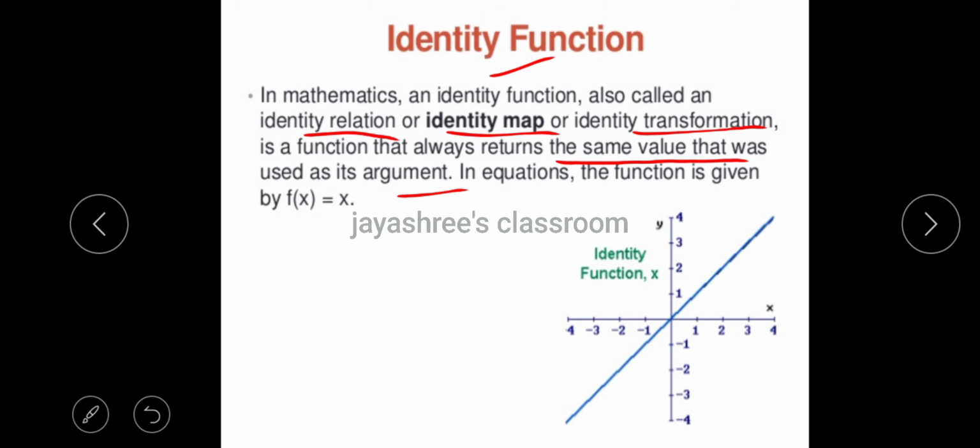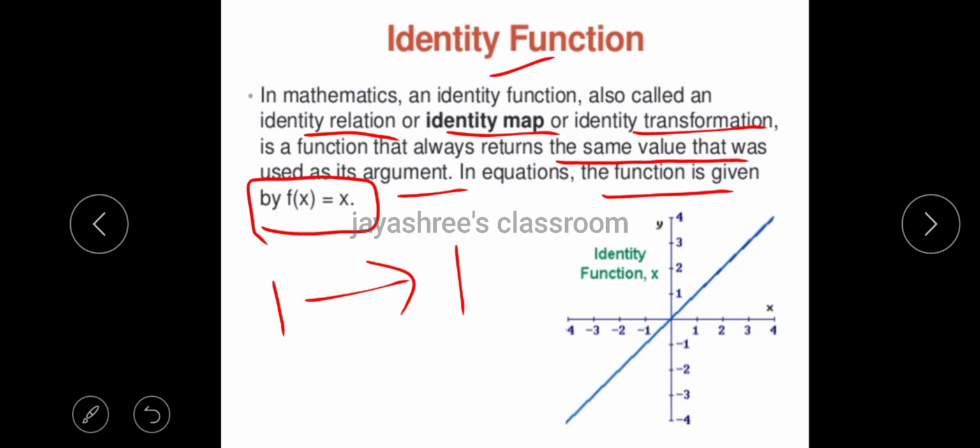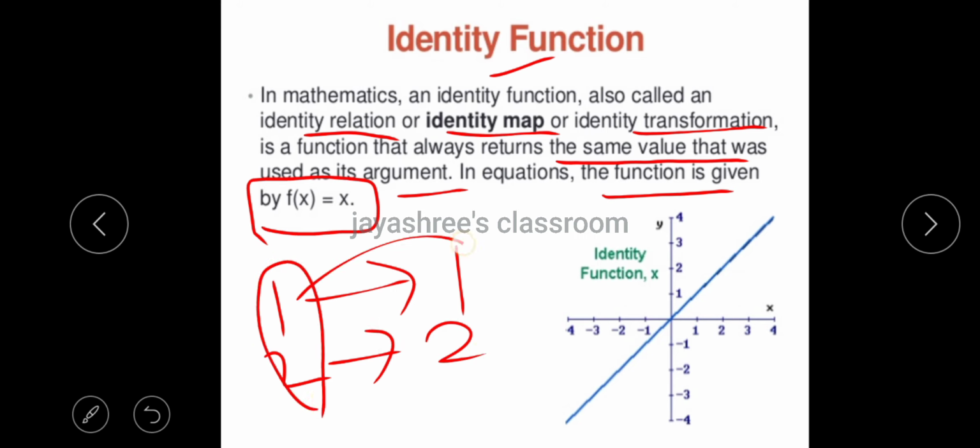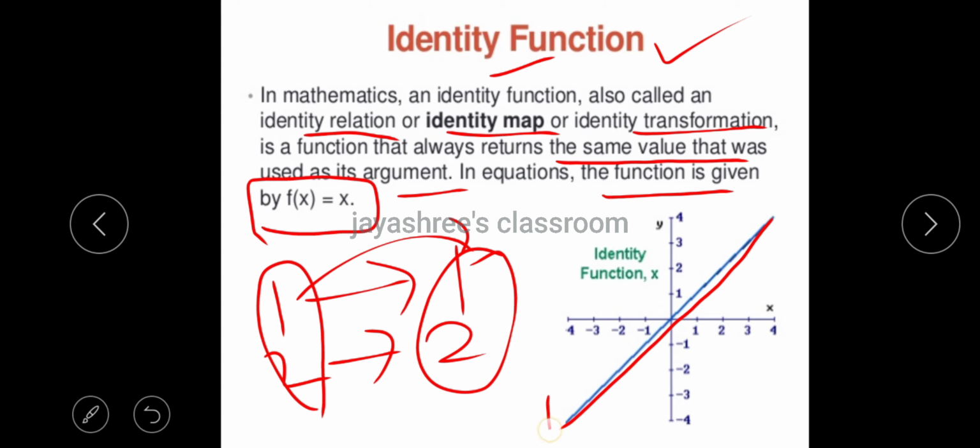In equations, the function is given by f of x is equal to x. So when you input 1, you get the output 1. When you input 2, the output is 2. Whatever number we input, we get the same number as the output. Such functions are called identity functions, and you can see the graph of the identity function like this.